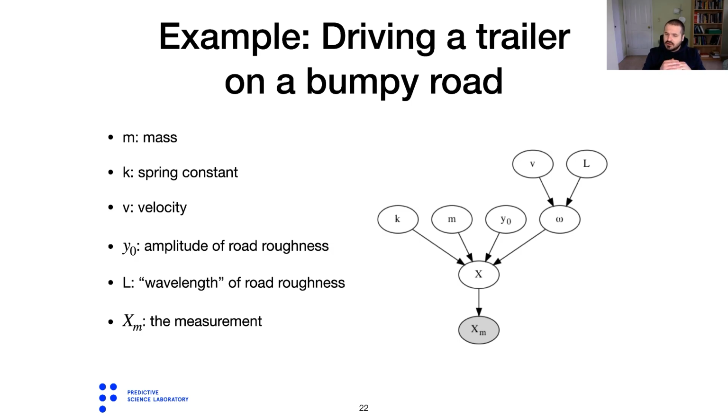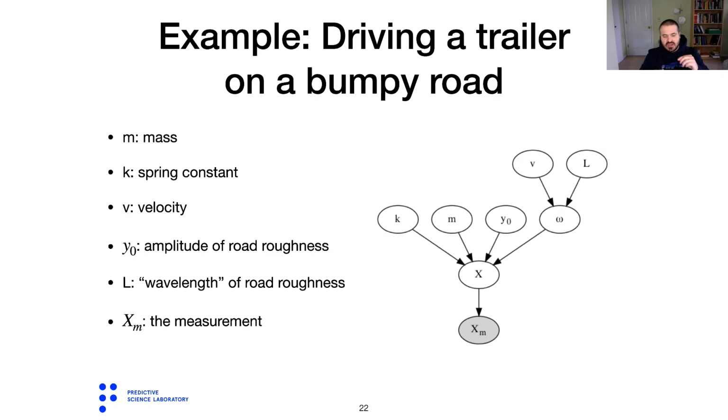I have separated xm from x, which is the actual amplitude, because the sensor gives us a noisy version of the true amplitude. It doesn't see exactly the true amplitude, it sees the true amplitude plus some noise. So that's why the measurement node is distinct from x, which is the actual value of the amplitude.